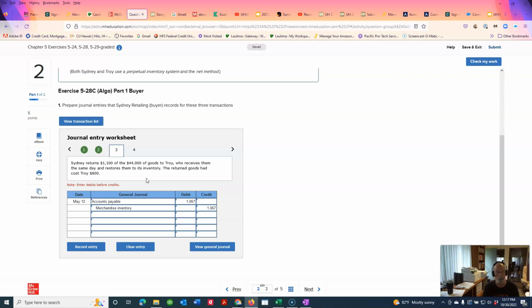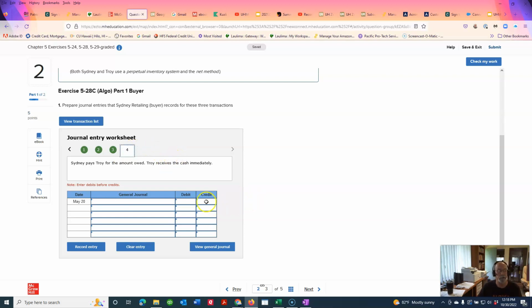And again, Troy is the seller, and so as the buyer, we are not concerned with the amounts that pertain to the seller. When we get to the seller's journal entries, then we'll have to deal with the amounts that pertain to the seller. Okay, so that's it for the buyer on transaction 3.